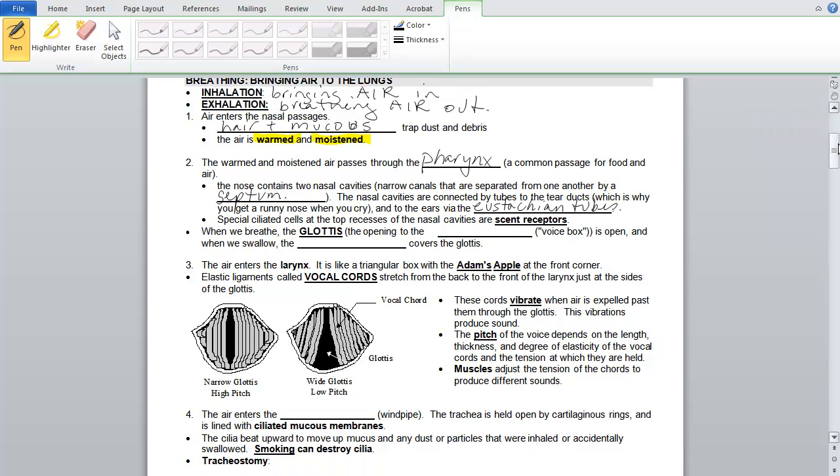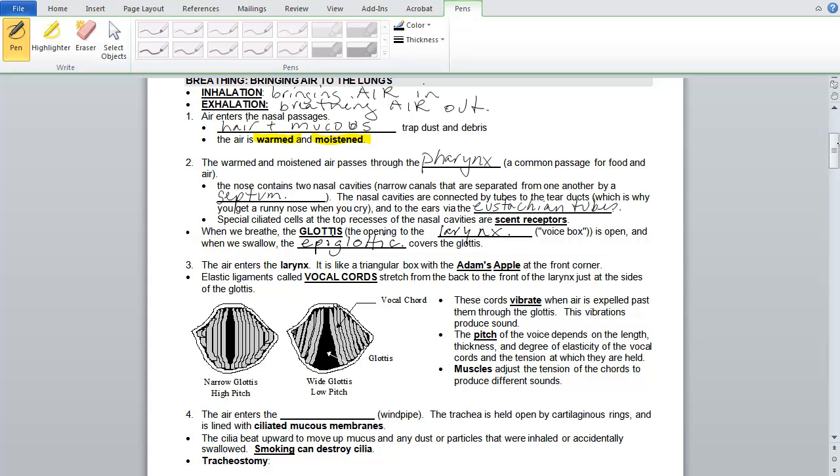When we breathe, the epiglottis is the flap of skin that covers the opening to our larynx, which is the top of our trachea, our airway, or the voice box. When we swallow, the epiglottis covers the opening, the glottis, if we want to be technical. The air enters the larynx, like a triangular box.